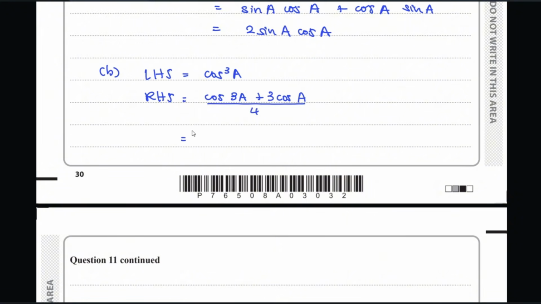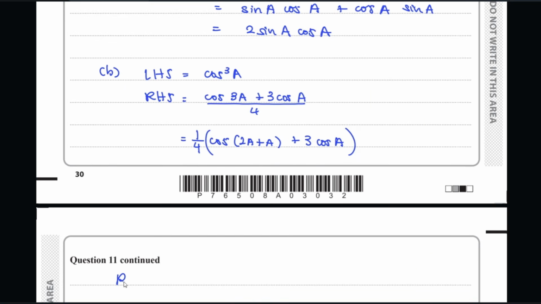Now let's use this right-hand side to alter it into something that looks like left-hand side. So cos 3a can be turned into cos(2a plus a). And then we have this 3 cos a, and then divided by 4. Actually, we can move divided by 4 in front. We could just say 1 over 4 of all of this.